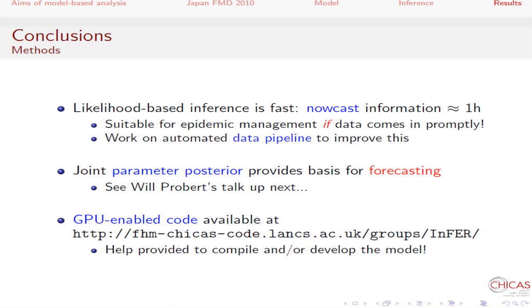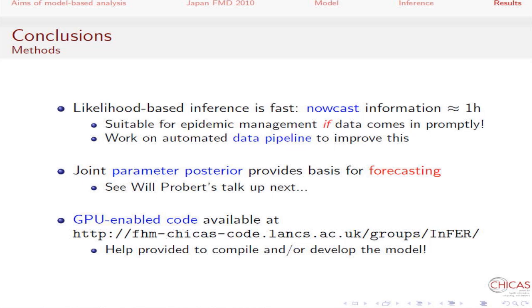Thanks to NVIDIA, who donated me a very modern GPU, which I think is suitable for epidemic management if we can get the data coming in quickly. That's something I'm thinking about at the moment, ways to grab data from the field and pile it into a database for automatic analysis. The joint parameter posterior distribution from the analysis then provides the basis for ongoing forecasting, which we'll talk about now.